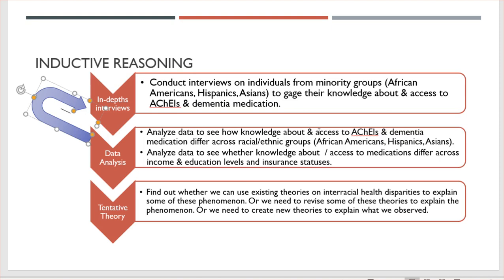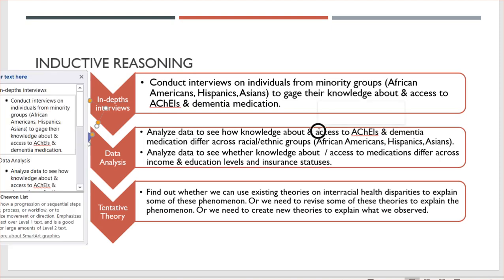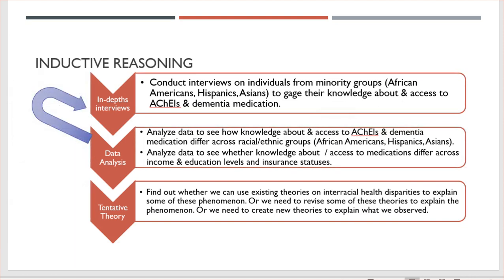Then we go back to analyzing the data again. And then we see whether we have enough knowledge pertaining to this problem or this phenomena. If yes, then we proceed to the theory formulation stage.